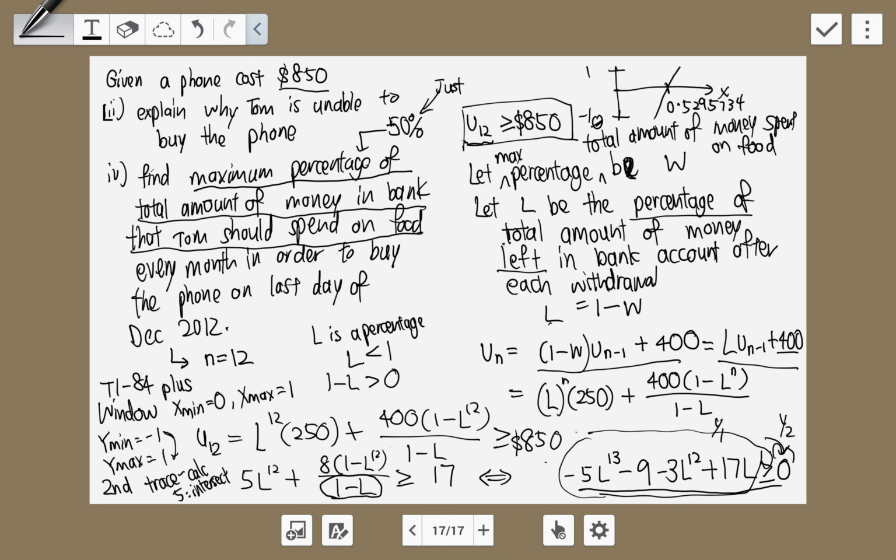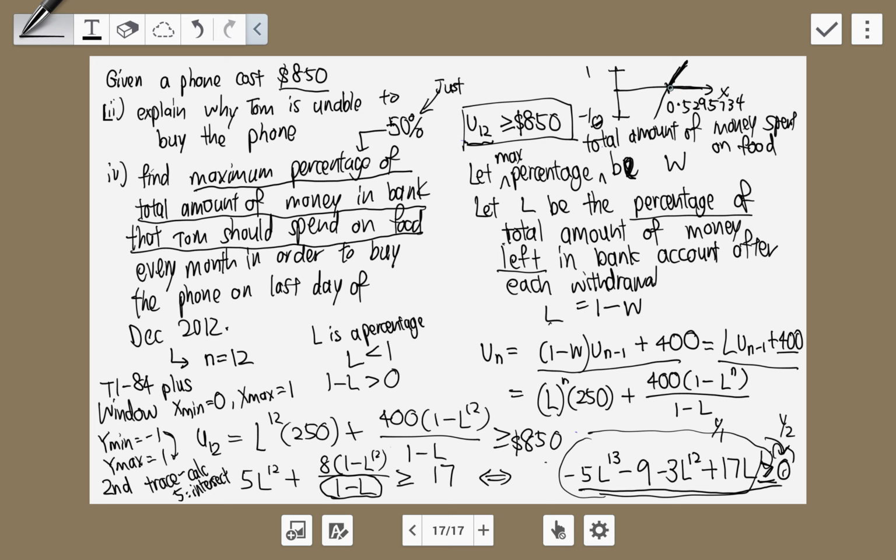That means since I want the part to be greater or equals to 0, I want this part of the curve, because this part of the curve is greater or equals to 0. That means I want my x values, in other words my L value, because I'm using x to represent L in the calculator.